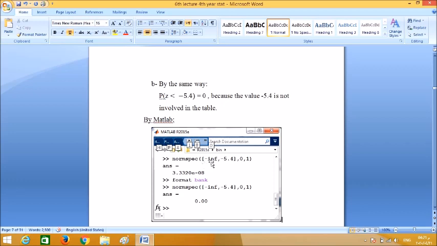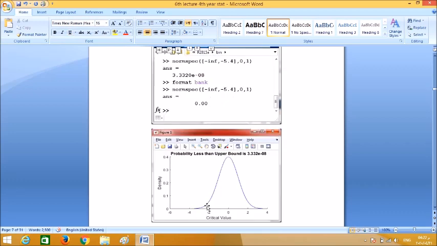So from minus infinity to minus 5.4, this will be 0, or a very small number like this, 3 divided by 8 zeros, a very small value, and extremely equal to 0, or approximately equal to 0, like this.